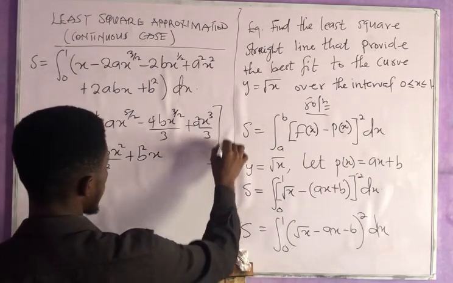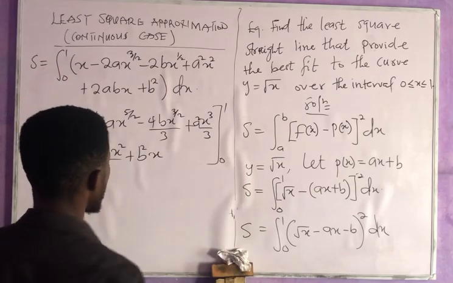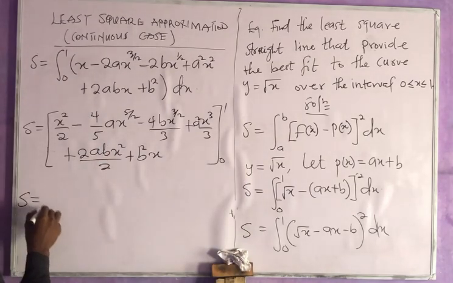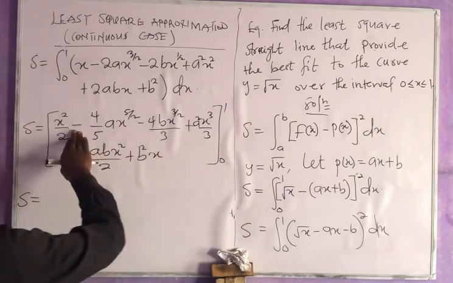Remember, I start from 0 to 1. So now my x becomes, I'm going to substitute the upper limit into this.